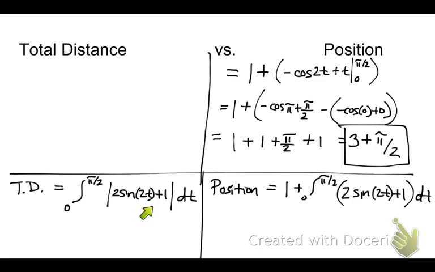For total distance, we have to take into account this absolute value. You have to think if this function is ever going to equal 0 and turn positive versus negative in the interval from 0 to pi over 2. So as far as that is concerned, we should probably take a look at the graph of this function.